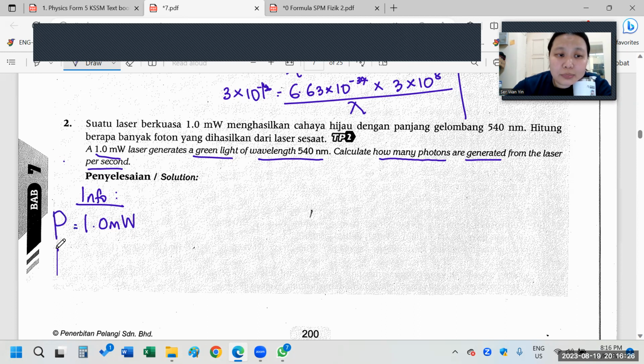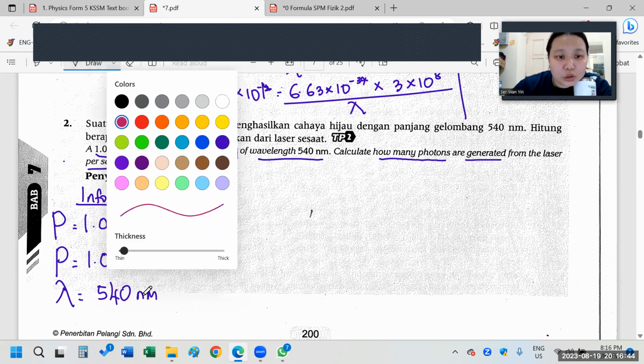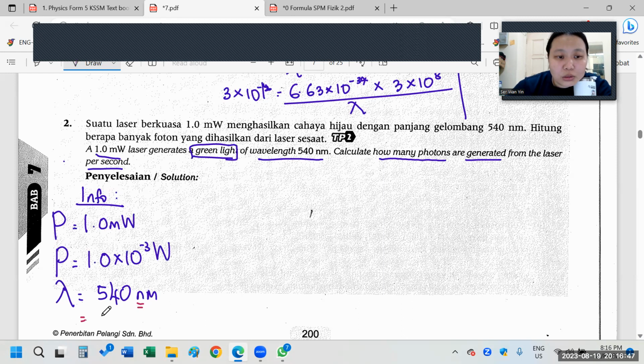It is P. P equals to 1.0 times 10 to the power of negative 3 watt. It generates green light of wavelength equals to 540 nanometer. So be careful, we must change nano to 540 times 10 to the power of negative 9 meter.